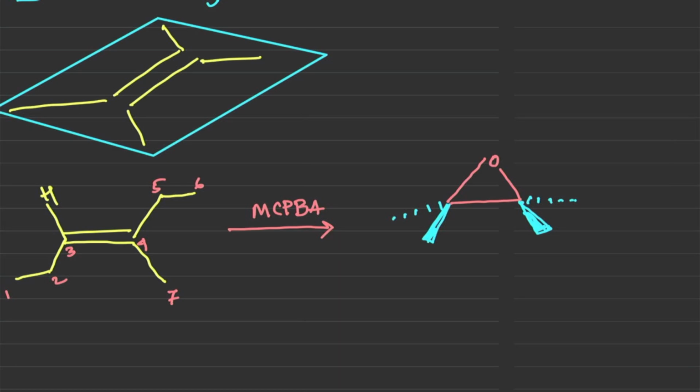Okay, so we got dash and wedges. Let's number: this is atom 3, this is 4. If you notice, carbon atom 2 and carbon atom 7 are on the same side. These wedges are pointing towards you, so both of them have to be on the same side. So this number here is going to be 2, and this is going to be your carbon atom 7.